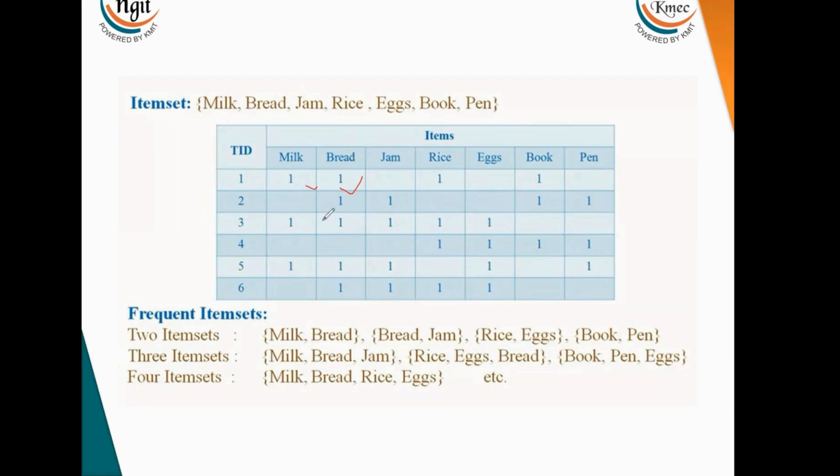In a similar way, when you look at the second transaction, you can see that bread and jam are purchased together. Next, in the third transaction, we can see milk, bread, jam, or rice, eggs, purchased together.